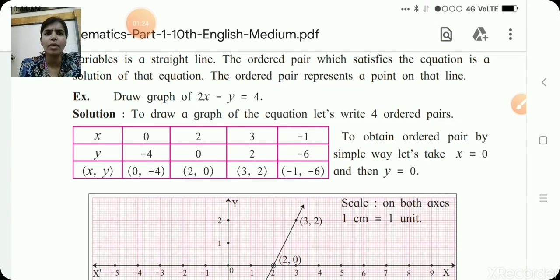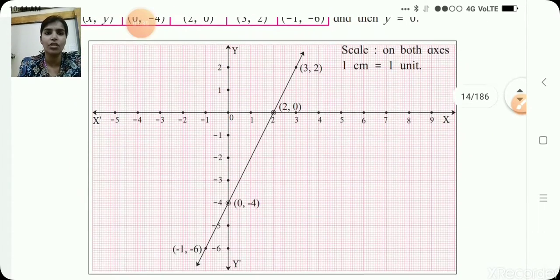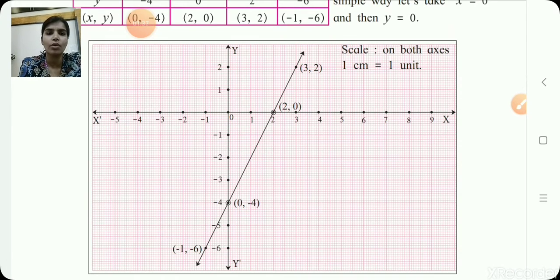Then similarly you can put the values of x and find the values of y. So you completed your table now. After that we want to draw the graph of that equation. Before that we want to draw both axes, the x-axis and y-axis. The vertical line is the y-axis and the horizontal line is the x-axis.